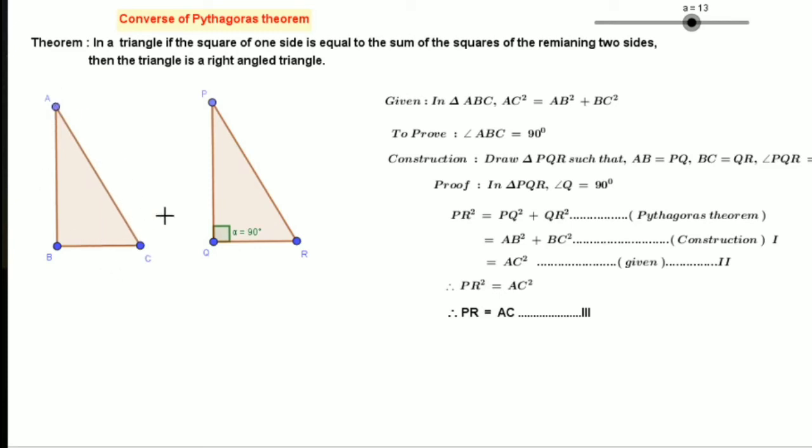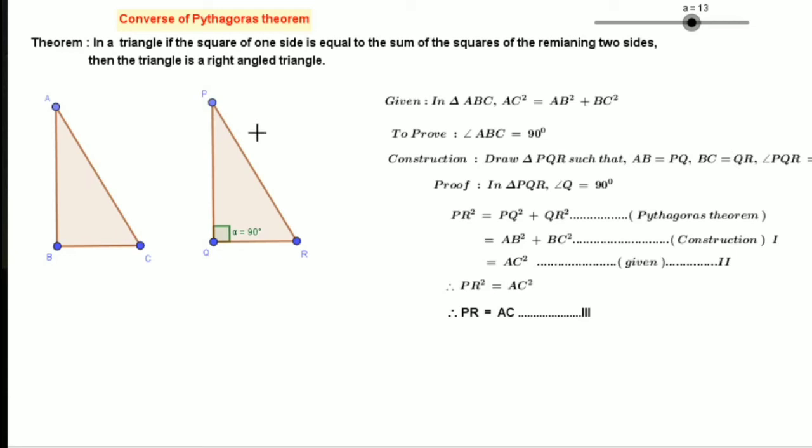Now observe these two triangles and consider their congruent elements. PR is congruent with AC, proved in equation 3. AB is equal to PQ, which we did in the construction, and BC is also equal to QR, also written in construction.